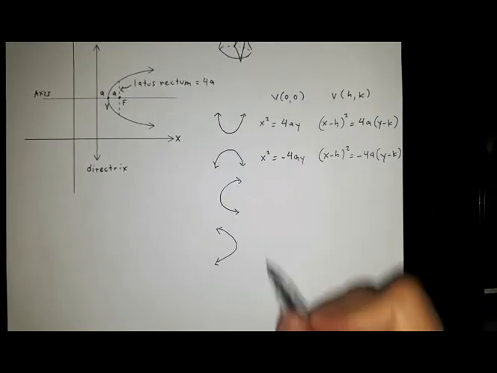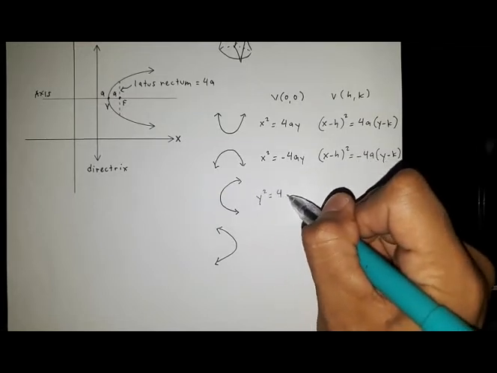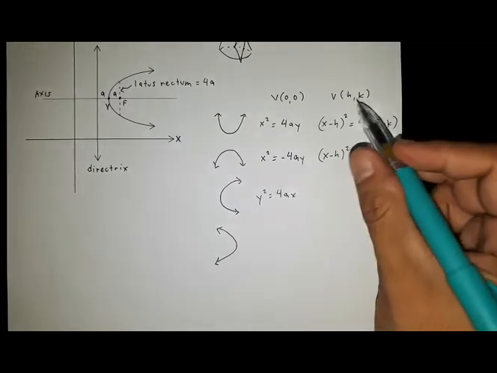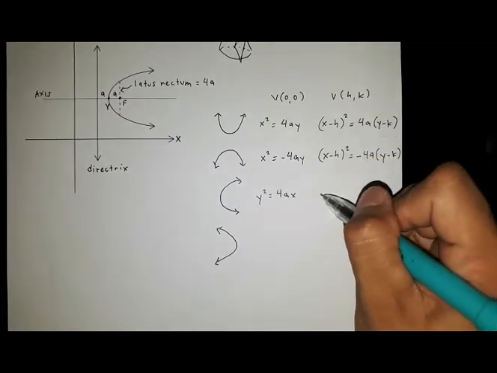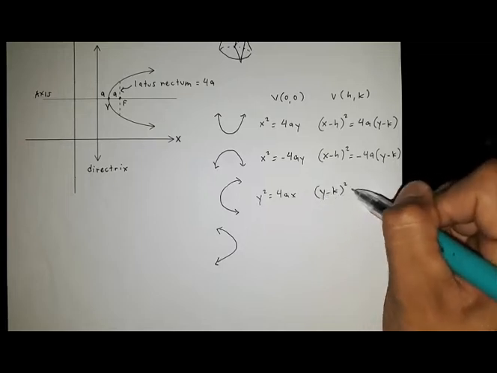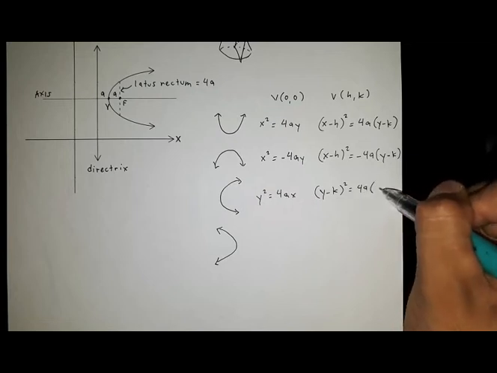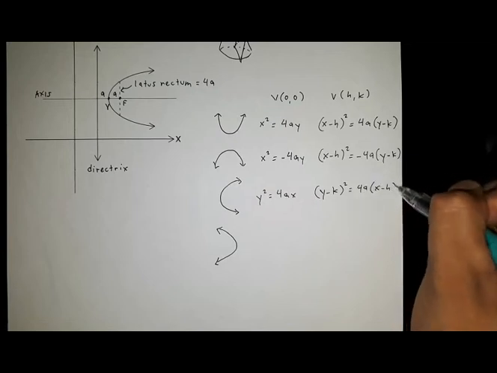If your parabola opens to the right, you have the equation y squared equals 4ax. If your vertex is at (h, k), you have (y minus k) squared equals 4a times (x minus h).